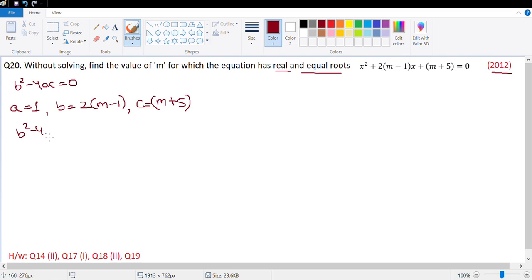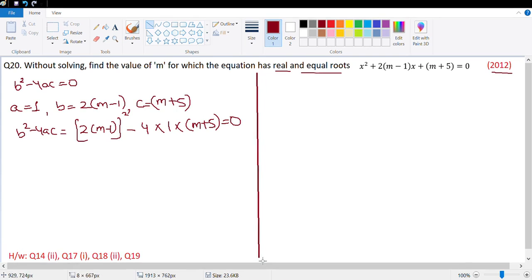B square minus 4ac would be equal to 2 times m minus 1 the whole square, minus 4 into a, which is 1, into c, which is m plus 5, and this should be equal to 0. Let's see what we get. So this gives us 2 square, that's 4, and this is m minus 1 the whole square minus 4m minus 20 is equal to 0.